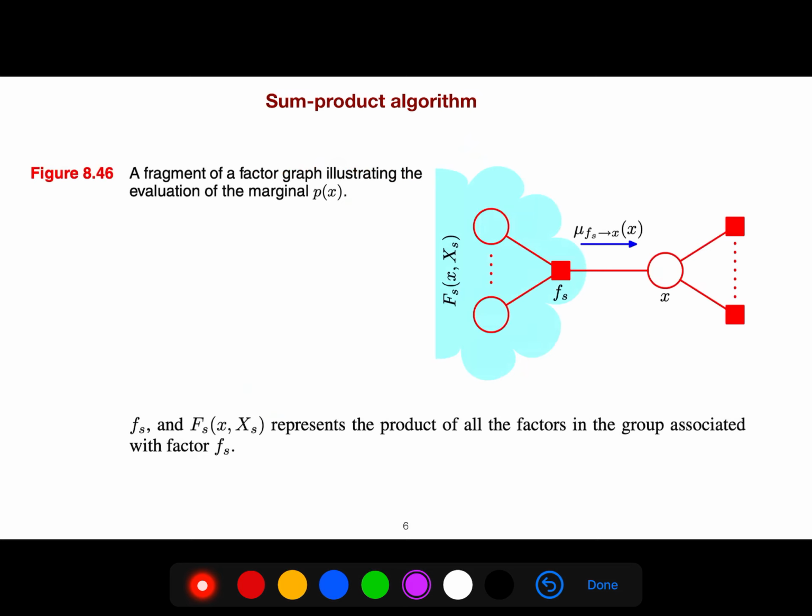You're passing a message from this f of s, this factor node, to the normal simple node x. For example, in NLP you have attributes, and you're passing them in order to understand what is the label of that, what is the relation of that to the other nodes that you have. And they're passing the message from this factor node to x.